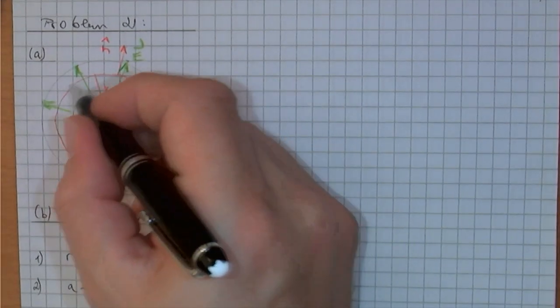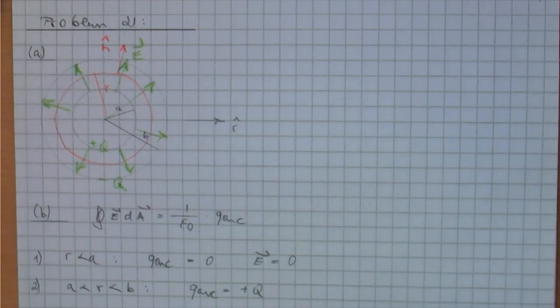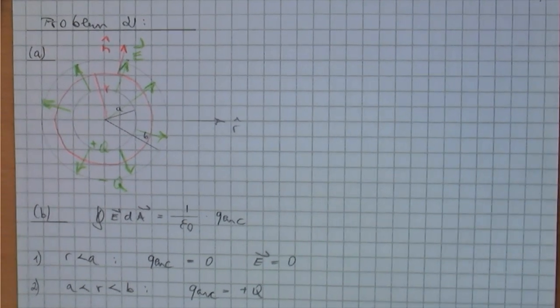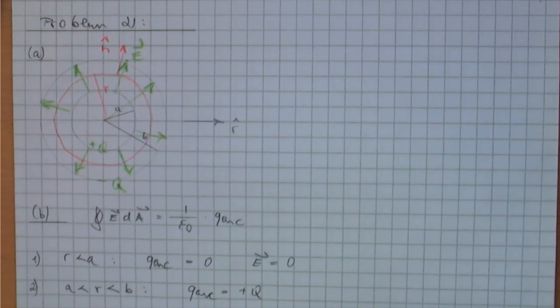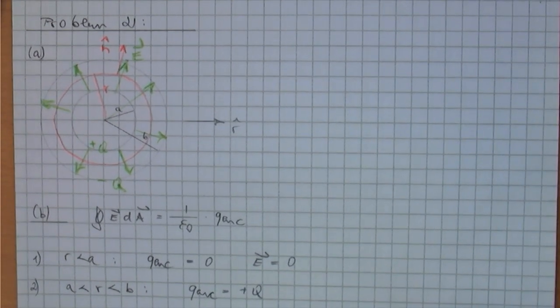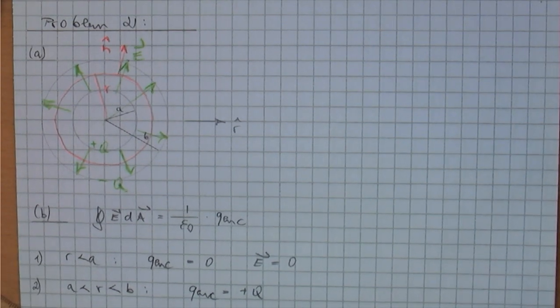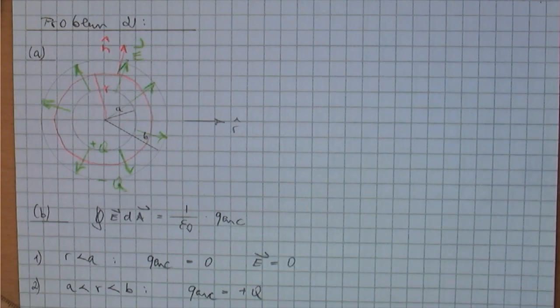For every point on that surface E is constant, so you can take it out of the integral. The integral of dA is nothing else than the surface of that sphere of radius r, 4 pi r squared. On the right-hand side, that equals 1 over epsilon naught times the enclosed charge, which is plus Q.